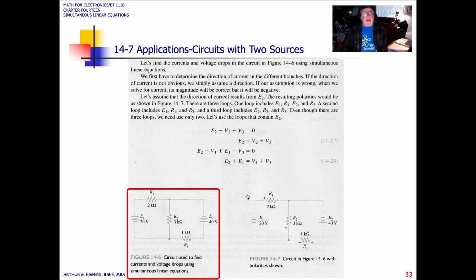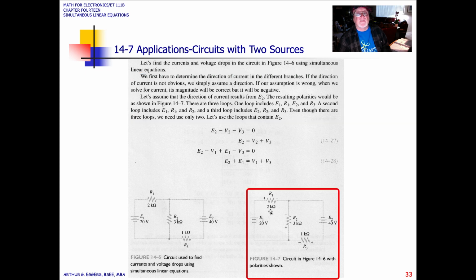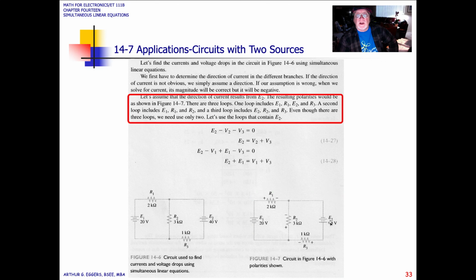throughout your analysis. So let's assume that the direction of current results from source E2 on the right side. The resulting polarities then would be shown in the other schematic representation, 14.7. There are 3 loops. One loop includes the voltage source E1, R1, E2, and R3.